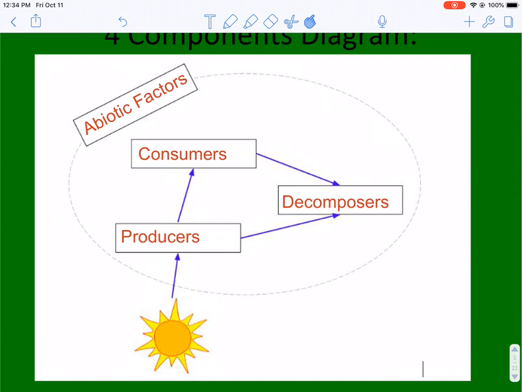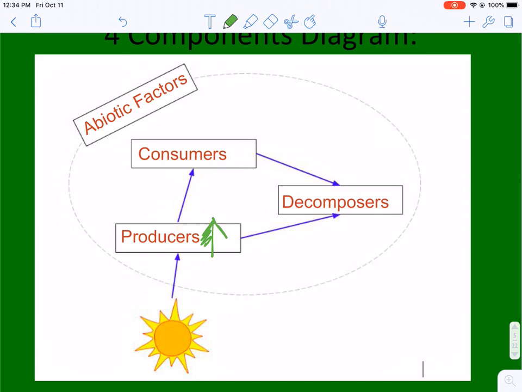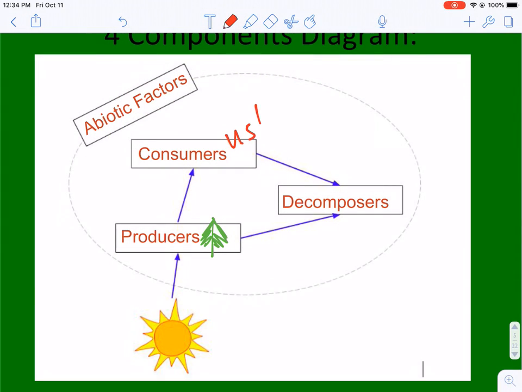So the sun is the source. Then we have producers, our leaves and our trees and our plants. We have consumers. This would be us. We have decomposers. This would be fungi or mushrooms, bacteria. We can have scavengers in here.